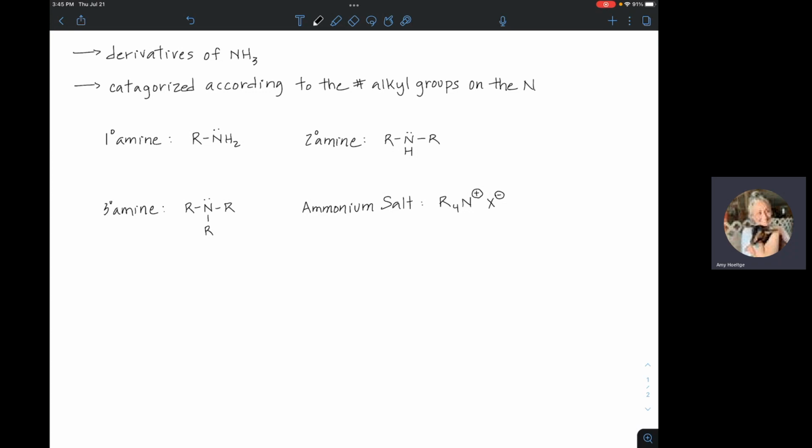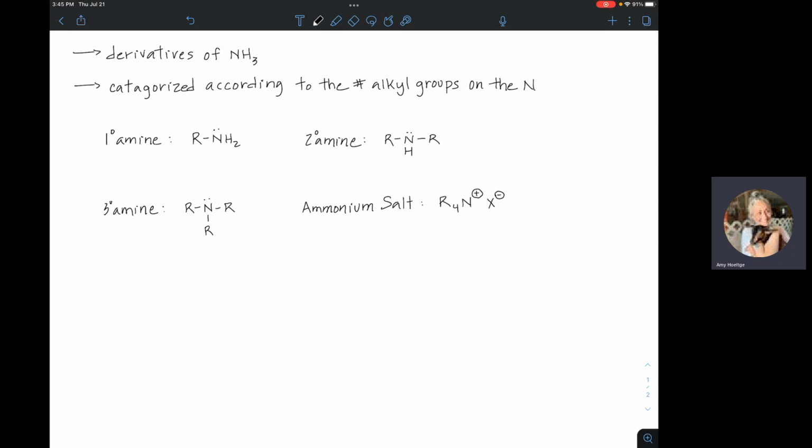And the intermolecular forces of attraction for these different categories of amines are going to differ a little bit, right? Because if you notice that in the primary and the secondary amines, there are hydrogens directly bonded to the nitrogen, and the nitrogen has a lone pair of electrons. So right away, we know that those primary and secondary amines can hydrogen bond with themselves. So that's going to affect their physical properties.